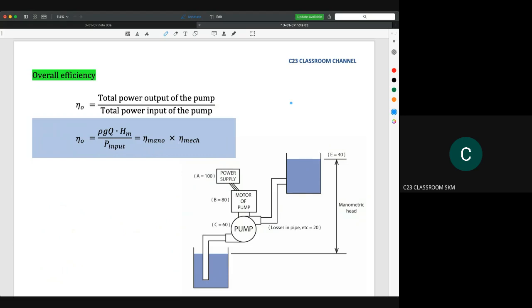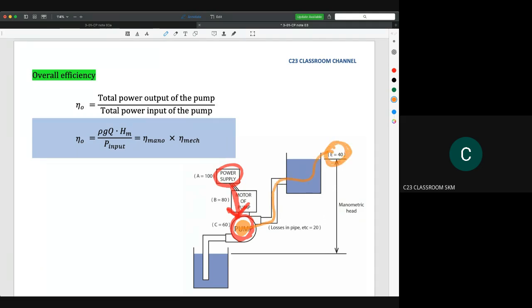So again, I simplify this one. Let's say for mechanical efficiency, this is the power input and this is the power output, because we are calculating only from the power supply to the pump. And then for manometric efficiency, we are calculating from the pump here until the output here.